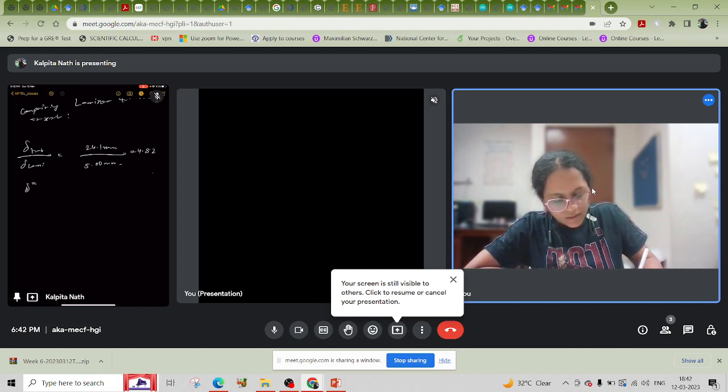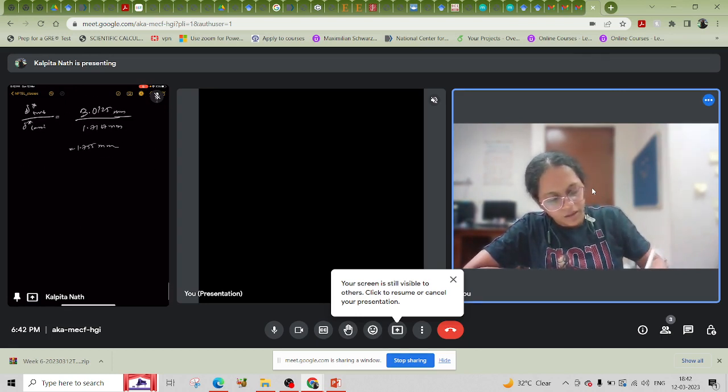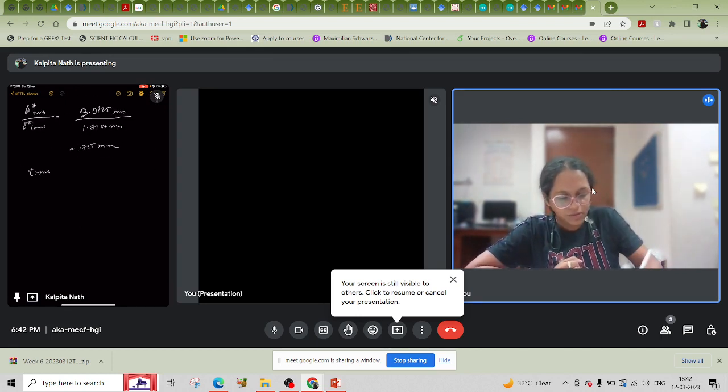Displacement thickness, delta star turbulent by delta star laminar, is 3.0125 mm by 1.7167 mm, which is 1.755. And the wall shear stress, tau w turbulent by tau w laminar, is 1.87 Newton per meter square by 0.332 Newton per meter square, which is equal to 5.63.